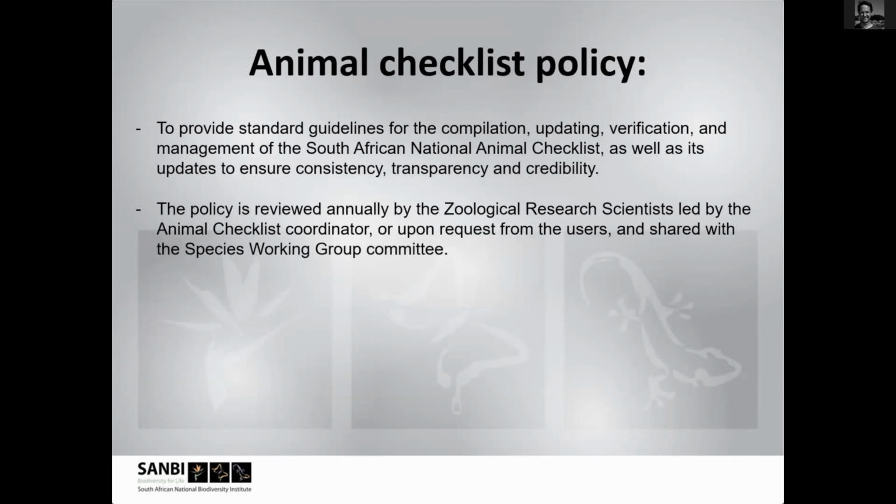The animal checklist policy is also available, and the aim of the policy is to provide a standard guideline for compilation, updating, verification, and management of the South African animal checklist, to ensure consistency, transparency, and credibility. The policy is reviewed annually by the zoological research scientist, led by the animal checklist coordinator, or upon request from the users, and shared with the species working group committee.